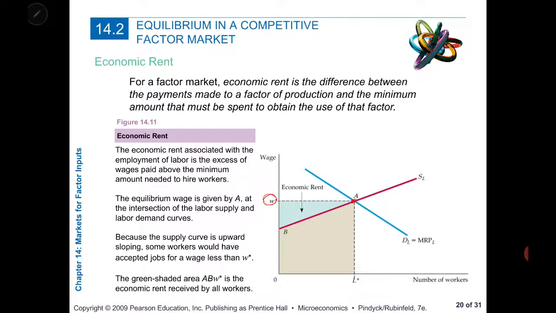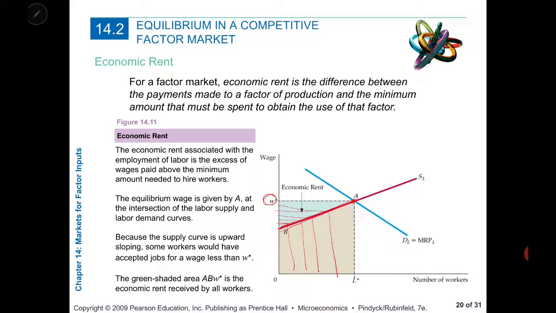At the same time, we know that the supply curve of labor shows all the quantity that labor is willing and able to supply at different prices. At this price, they are willing to supply this quantity. At this price, they are willing to supply this quantity.